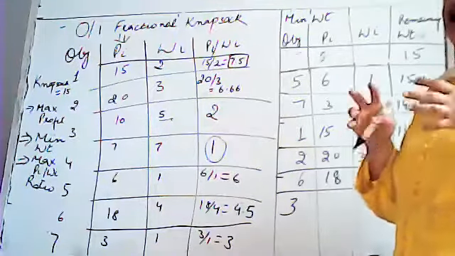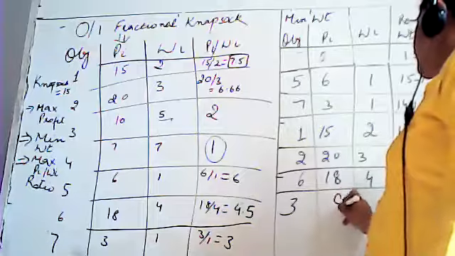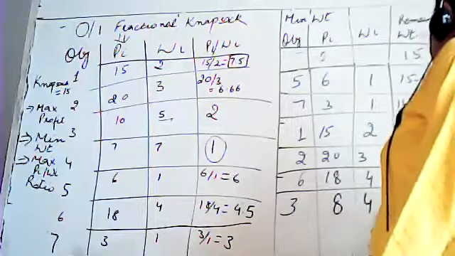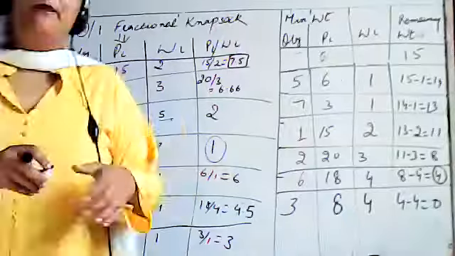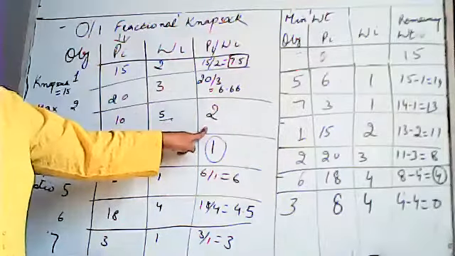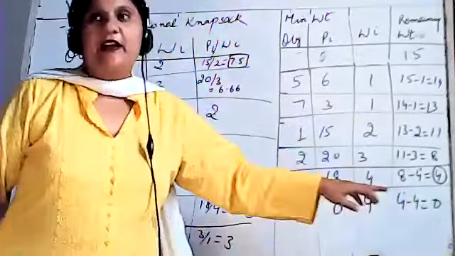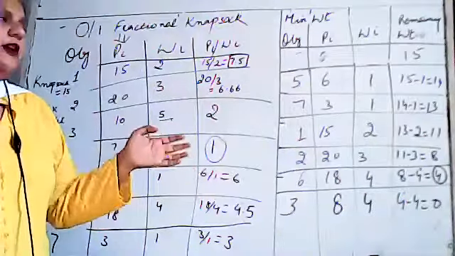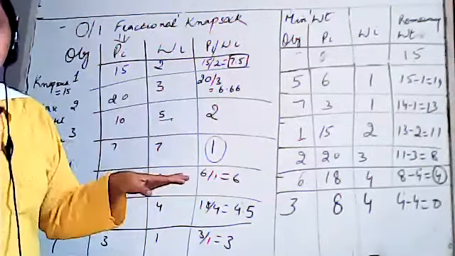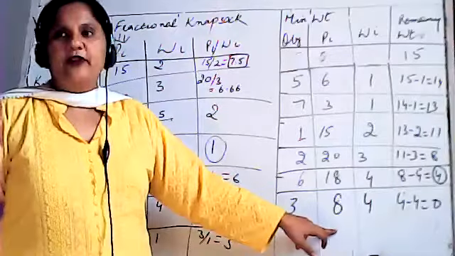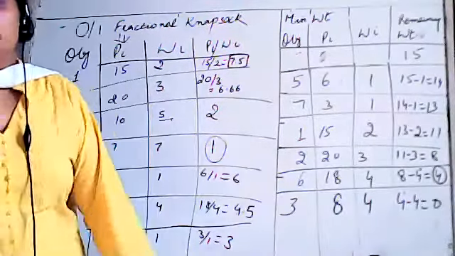By picking 4 units, the profit I'll earn is 2 into 4, which is 8. So 4 minus 4 will be 0.